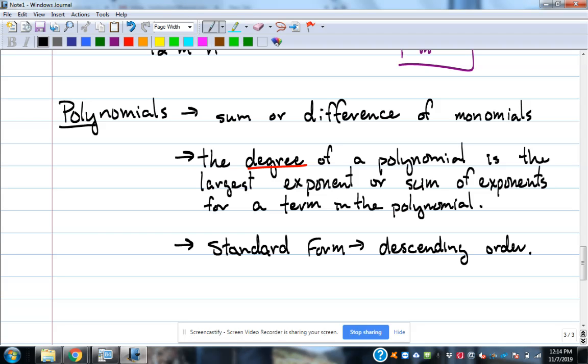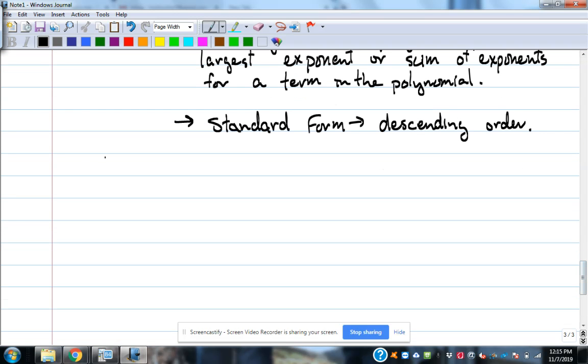Nothing different there. So descending order is going to put us in standard form for a polynomial. So the first few examples we're going to do here, we're going to write in standard form and state the degree.